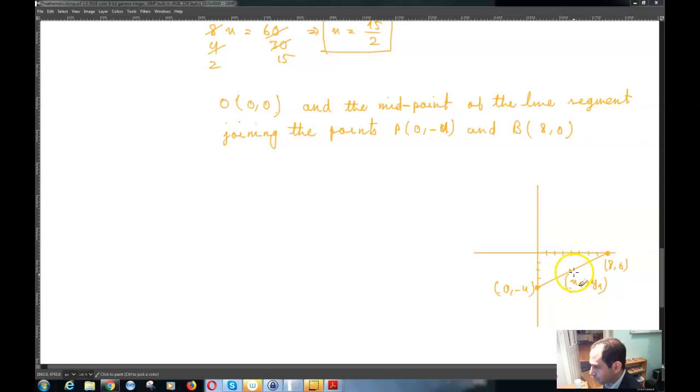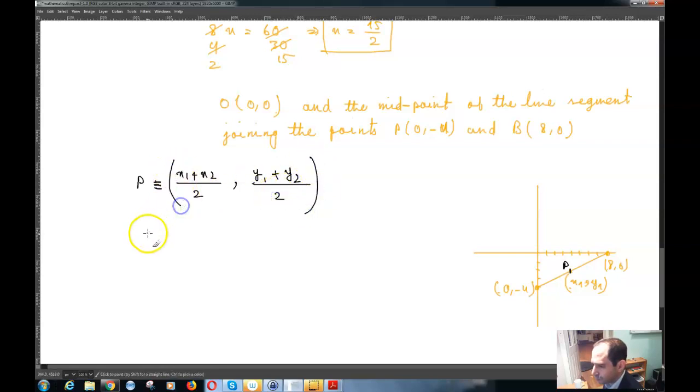So the coordinates of that point, if I call it P, are going to be (x1 + x2) divided by 2 and (y1 + y2) divided by 2, which is equal to (0 + 8) divided by 2 and (-4 + 0) divided by 2, which is 8 divided by 2 equal to 4, and -4 divided by 2 equal to -2.